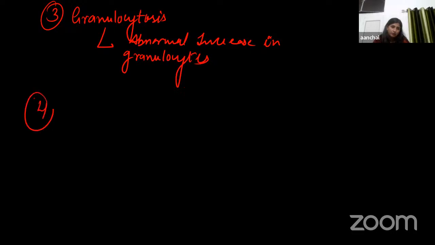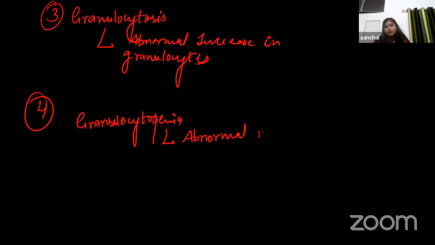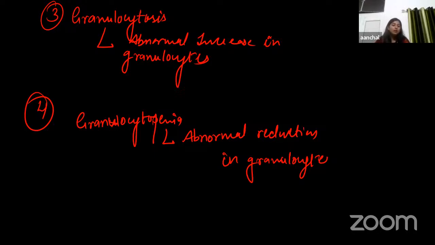And fourth, we have granulocytopenia, meaning whenever there is abnormal reduction in granulocytes. Okay, so this is all about the pathological variation that we were talking about.